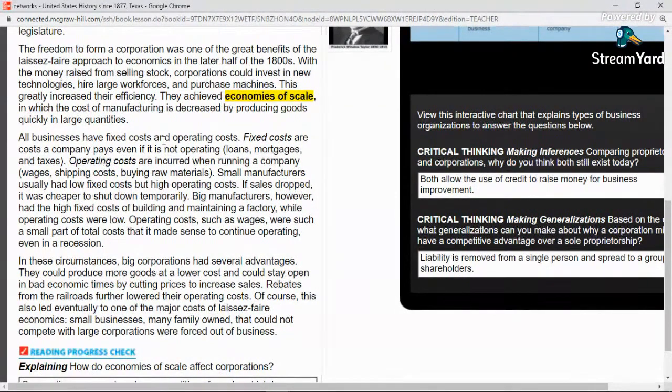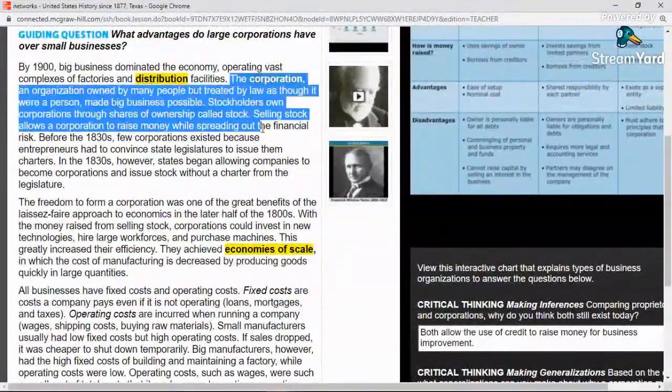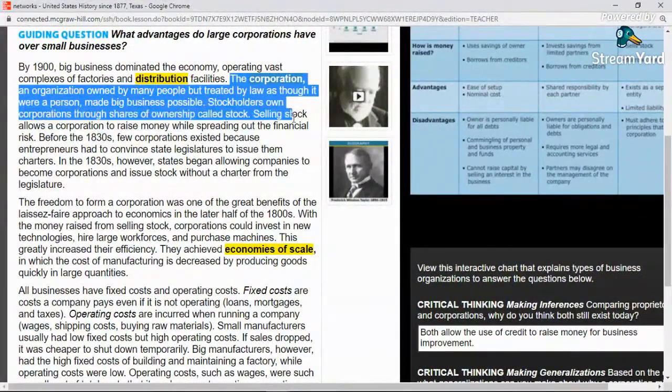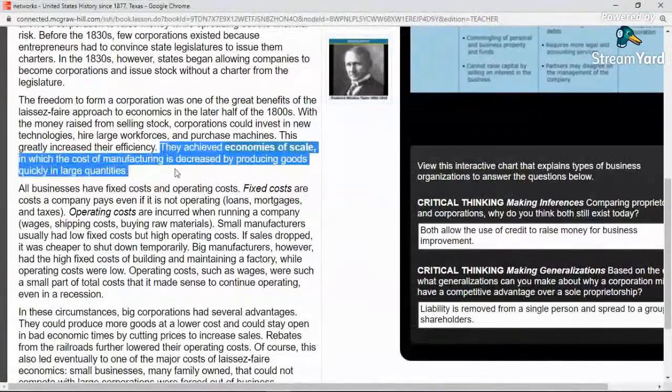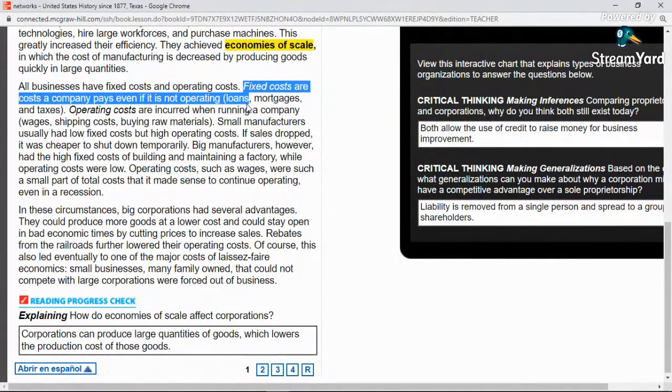All businesses also had fixed costs. So, by the way, guys, if you're following along, a lot of things to take notes on. I would maybe write a few notes about that, and a few notes on what is a fixed cost. Okay, it's money that you have to pay even if you're not operating. Maybe you paid a loan, mortgages, taxes. This is a fixed cost.